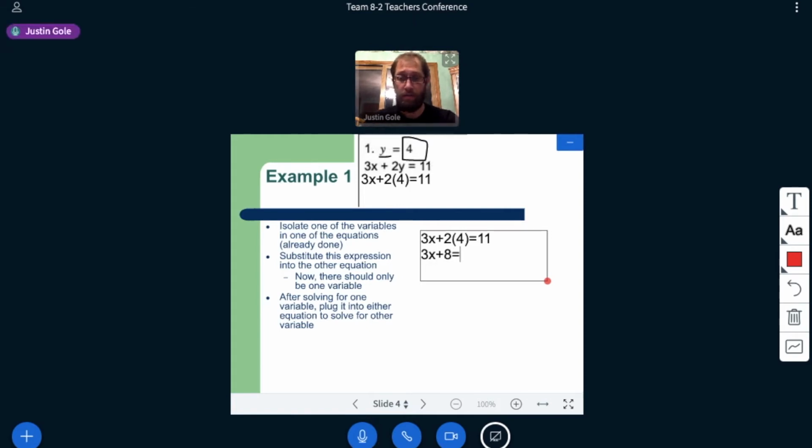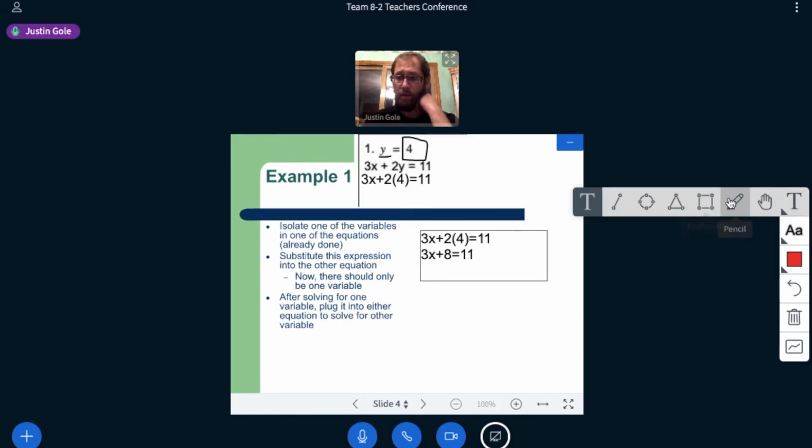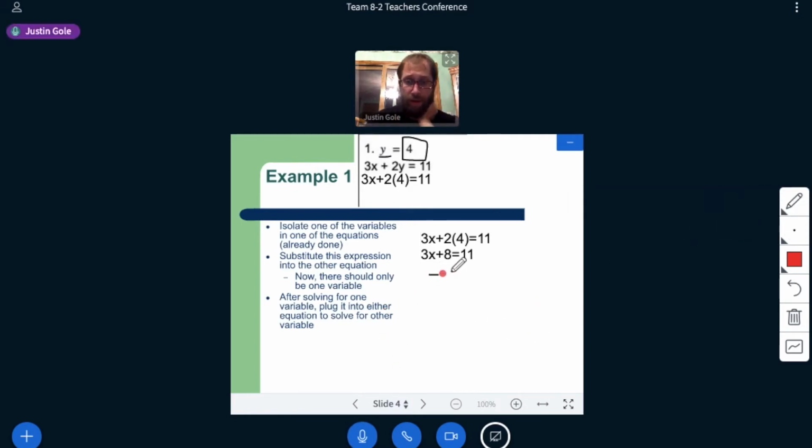Plus 8 equals 11, right? All I did was multiply 2 times 4. Now, I want to get x by itself. I'm going to subtract 8, and I get 3x equals 3. Divide by 3, divide by 3, x equals 1.